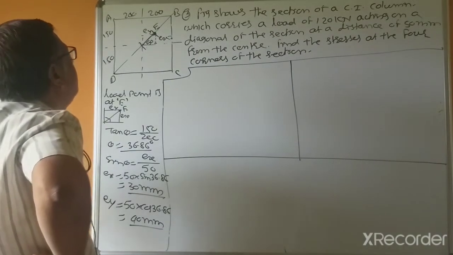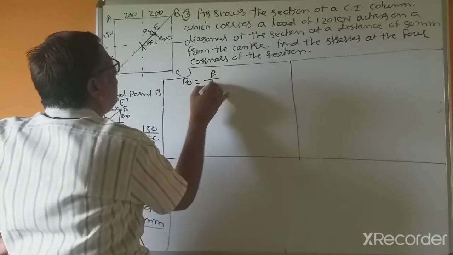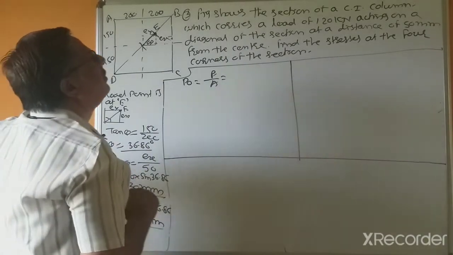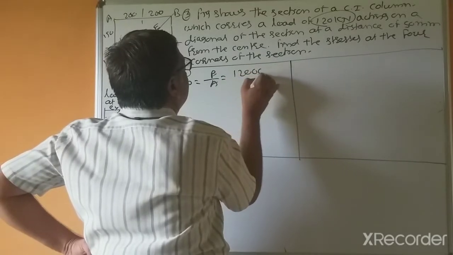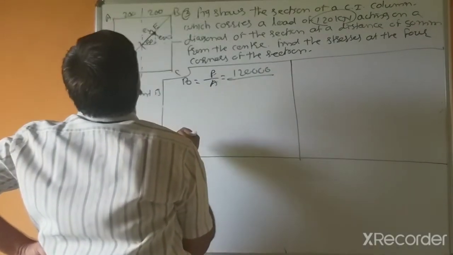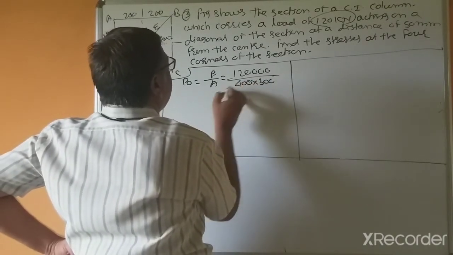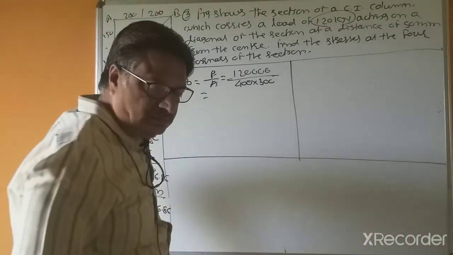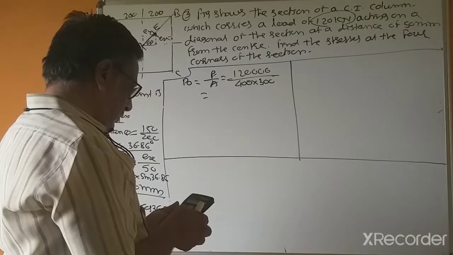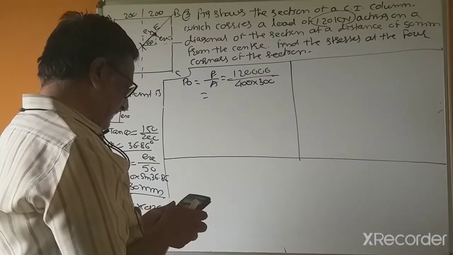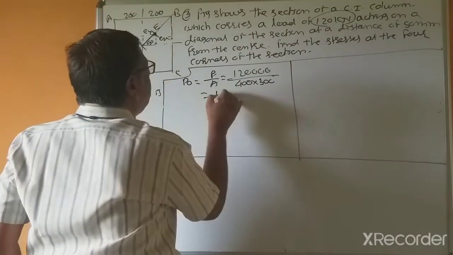What we can do, first we will calculate direct stress. P divided by A, P equal to 120 kilonewton. Area equal to 400 multiplied by 300. This is equal to 1 megapascal.